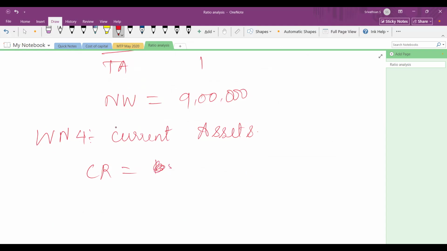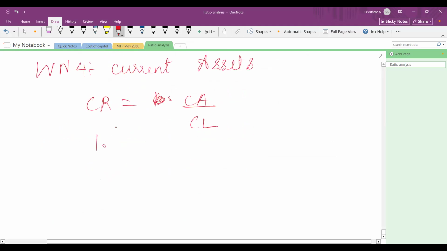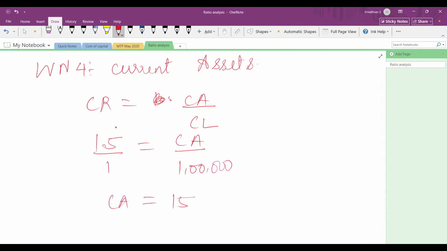Current ratio is equal to current asset by current liability, which is 1.5 by 1 is equal to current asset by current liability of 1 lakh. So what is current asset? 1 lakh 50,000. Everyone done?